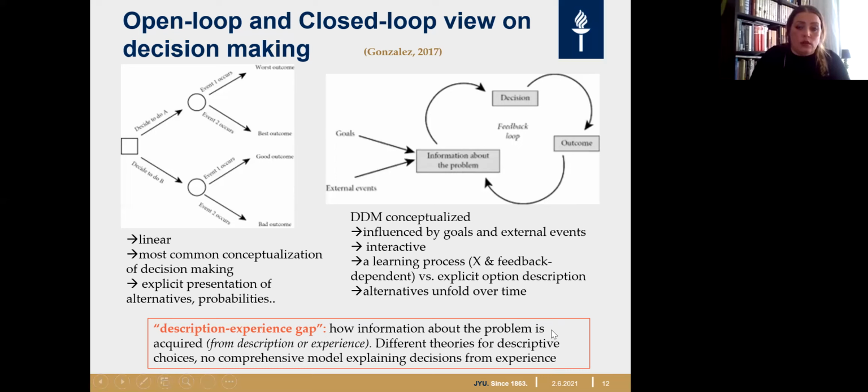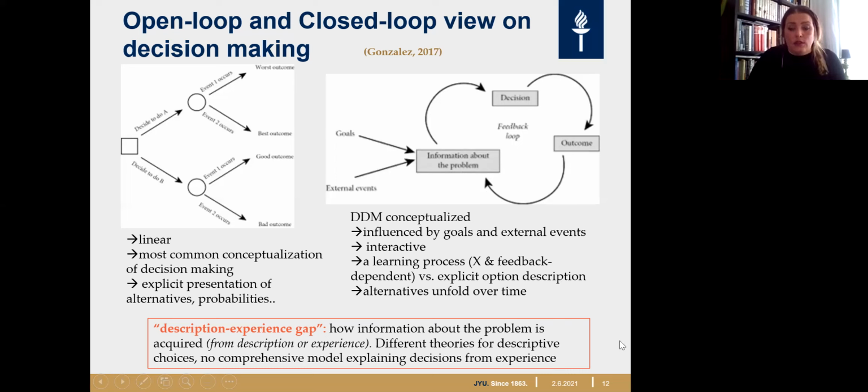According to Gonzalez, there is no comprehensive model explaining decisions from experience yet, but she has proposed a computational model, if I remember it correctly, IBLT, instance-based learning theory, which follows the closed loop view on decision making.